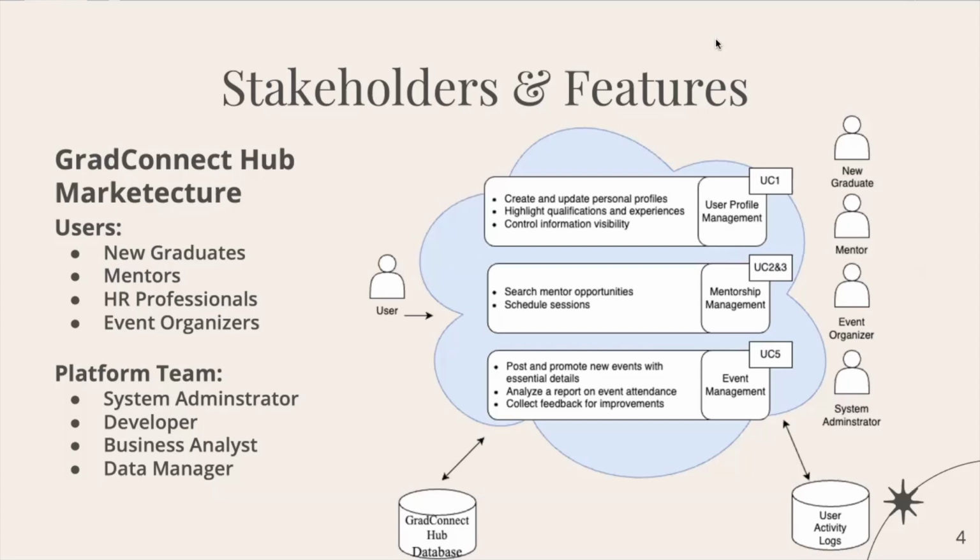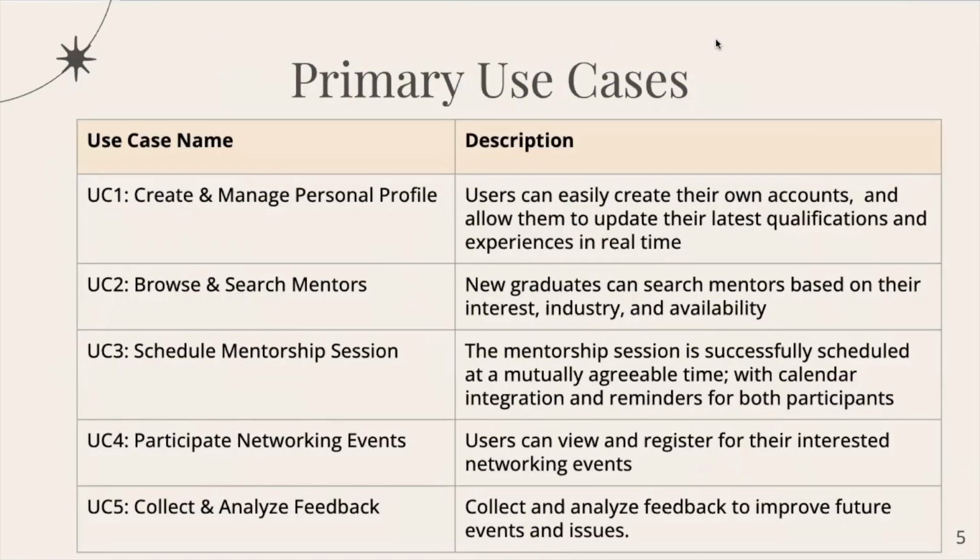The features are categorized under user profile management, mentorship management, and event management, each integrated with a central database and monitored via user activity logs. The platform team ensures the system operates smoothly.